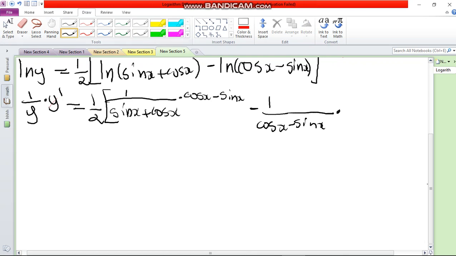And then multiply by the derivative of my denominator. What is the derivative of cos? It's minus sine x. What is the derivative of sine? Is positive cos x. So this minus is this minus, and then close the square bracket.